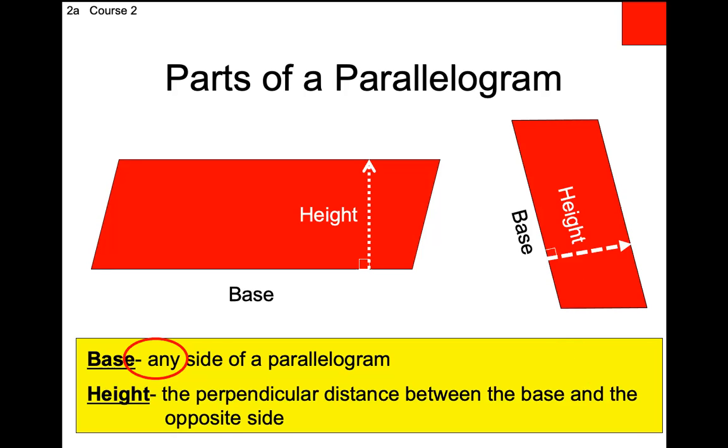That's going to be the picture. But just like the triangle, where do your eyeballs always go? To the little square. The square touches the base and the height, both for a triangle and in this case for a parallelogram. The perpendicular distance between the base and the opposite side.